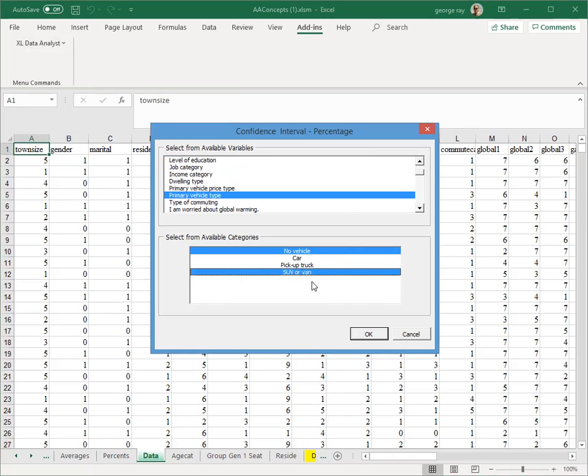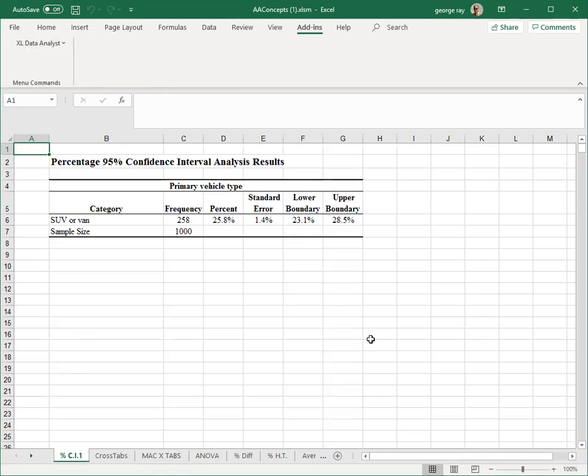And let's look at an SUV or van. So my percentage in the survey is 25.8% of the survey respondents owned an SUV or van.